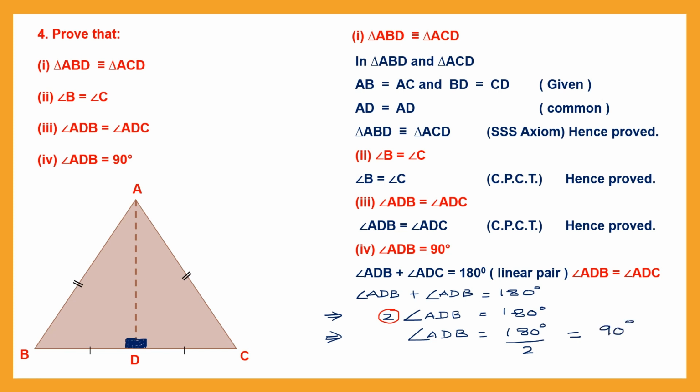So that's 90 degrees. So here we have got angle ADB is now equal to 90 degrees. So that was our fourth question. We had to prove that angle ADB is 90. That means this is 90 degrees. We have proved it. So hence proved. So we need to write hence proved.